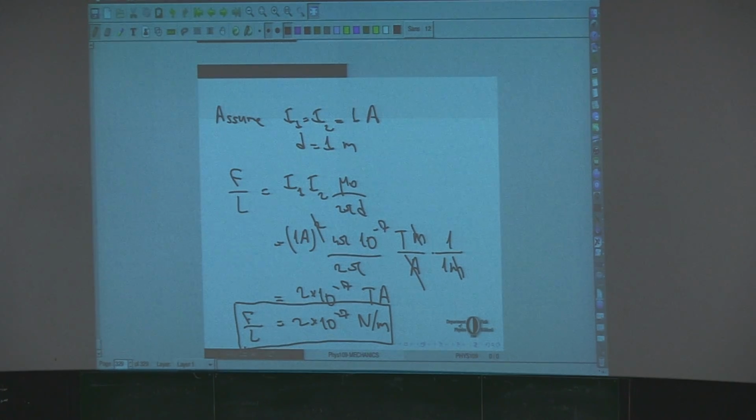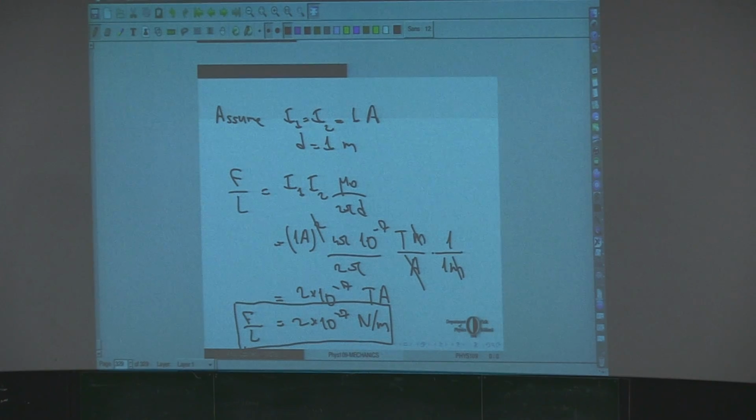You just take two wires that carry the same current, and separate them by 1 meter, and measure the force per unit length. You increase the current until the force per unit length is 2 times 10 to the power minus 7 newtons per meter. You fix it to this value, and the current you have is 1 ampere. This is how we define 1 ampere.